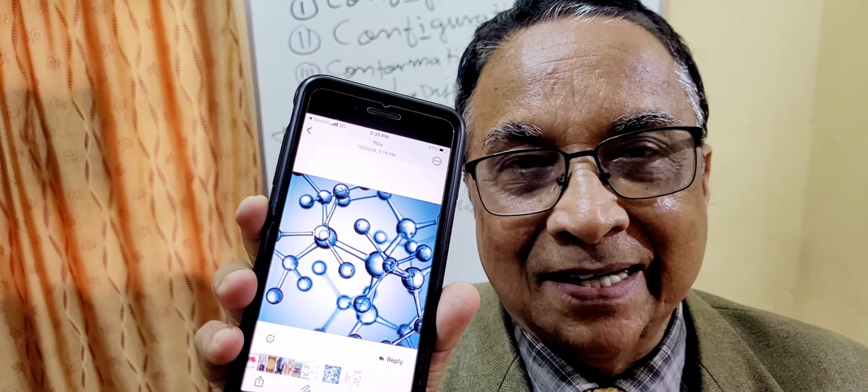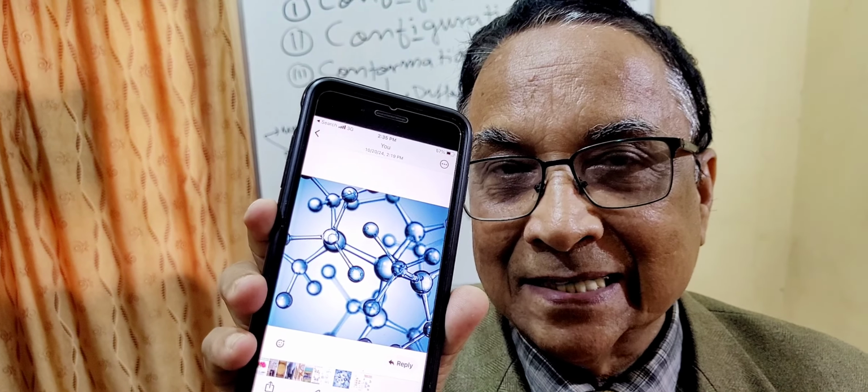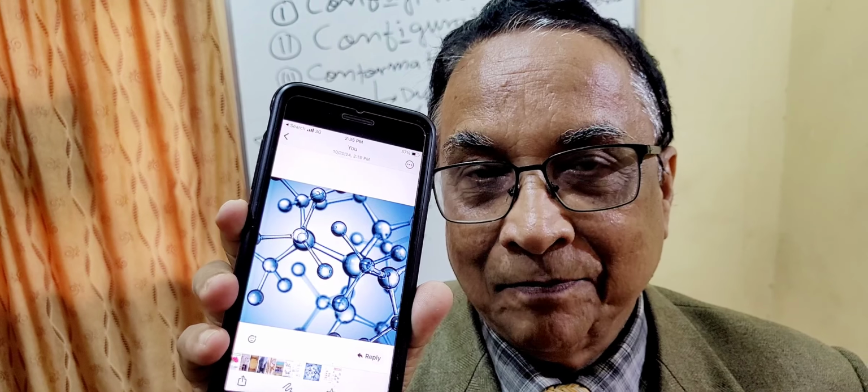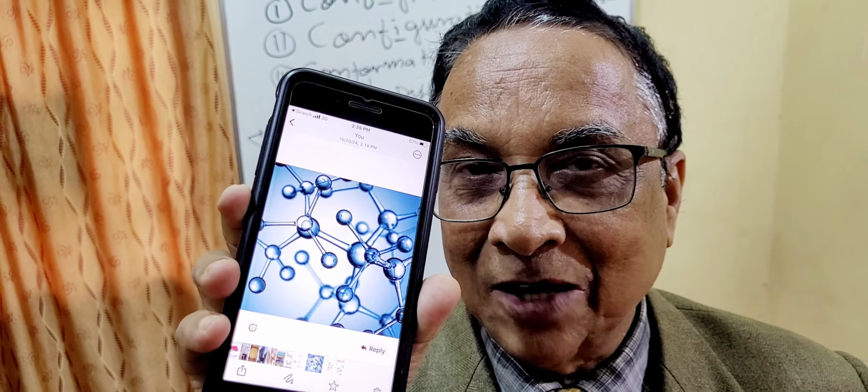It is the 3D arrangement of atoms within the molecule, that is called conformation, not configuration. So here is the different arrangement of atoms within the molecule.